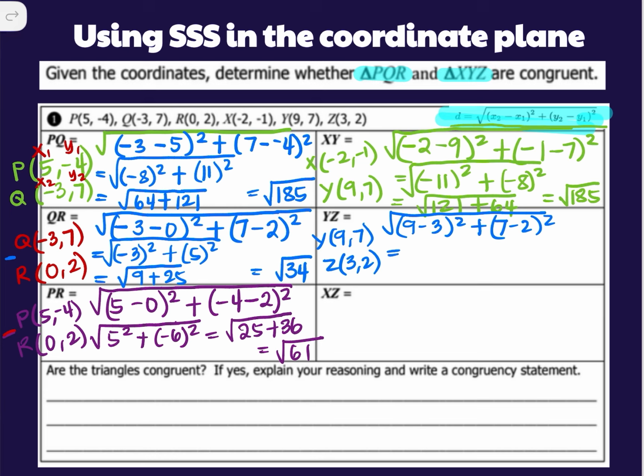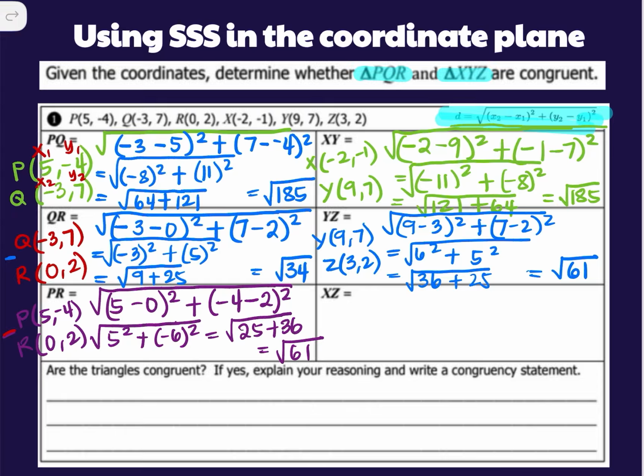We should come up with the same answer as with the distance formula. We've got 9 minus 3, which is 6 squared, plus 5 to the second power. So this will be 36 plus 25, and our final answer for YZ is 61, so the square root of 61.